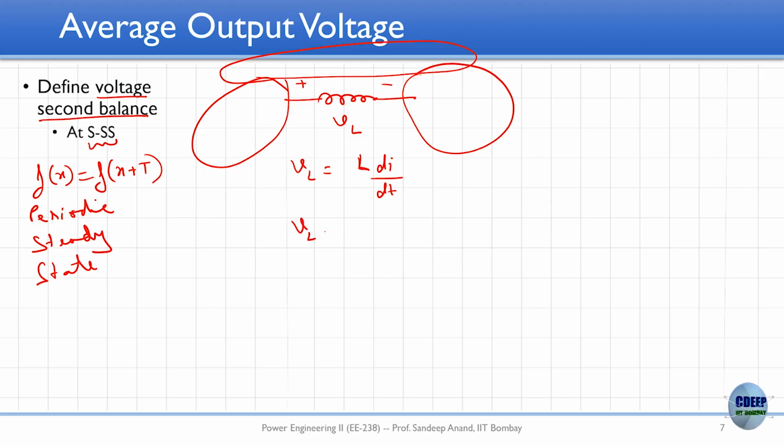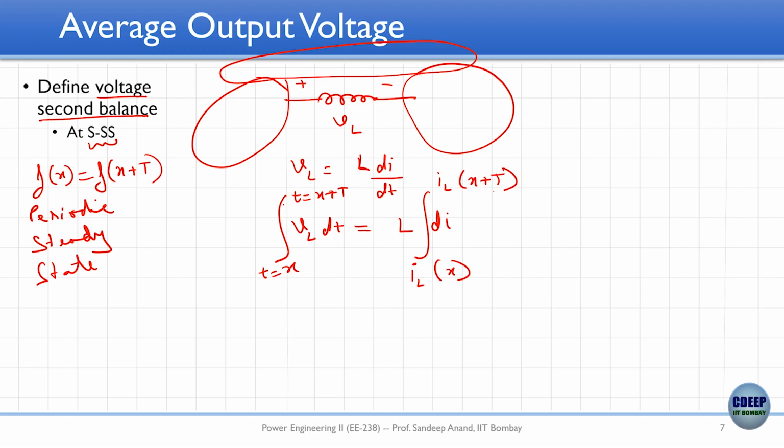You can take VL dt equal to L times di, and integrate on both sides, going from t equal to x to t equal to x plus capital T, and the current would go from IL at x to IL at x plus T. So I am basically integrating this equation over one period over which the circuit is in periodic steady state.